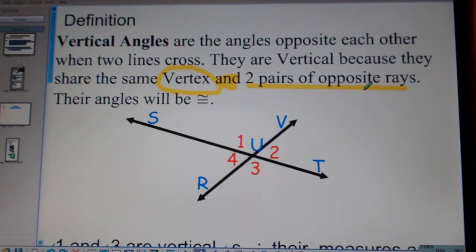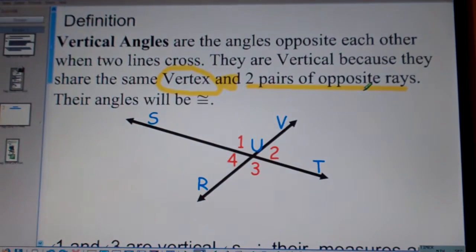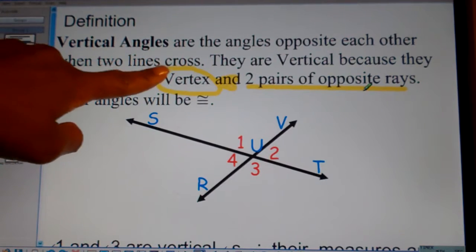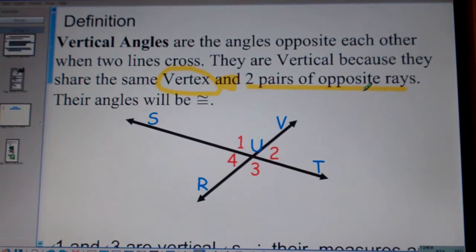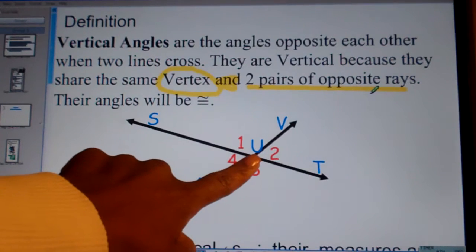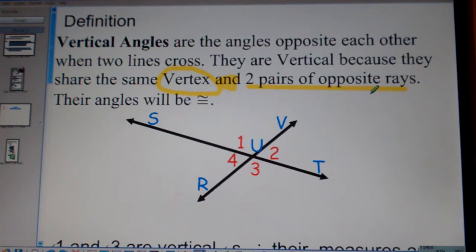Looking at angle 1 and angle 3, they share the same vertex here, and two pairs of opposite rays. The first pair of opposite rays is what? Remember, pair means you need two.